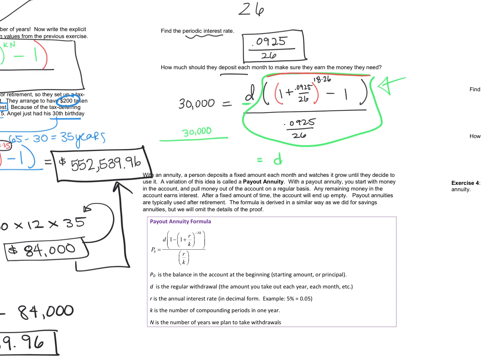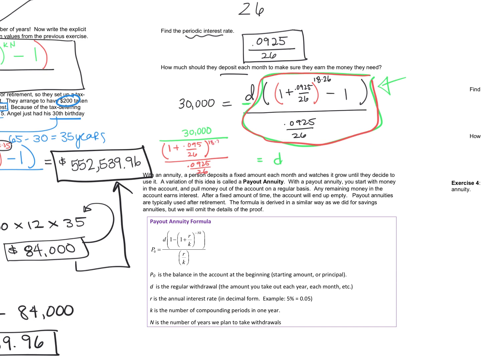So this whole chunk here is going to be underneath that 30,000. So it'll have 1 plus 0.0925 over 26. And you might want to use the fraction button because this is a fraction underneath here with another fraction. Again, it doesn't look very pretty, but the calculator can handle that.